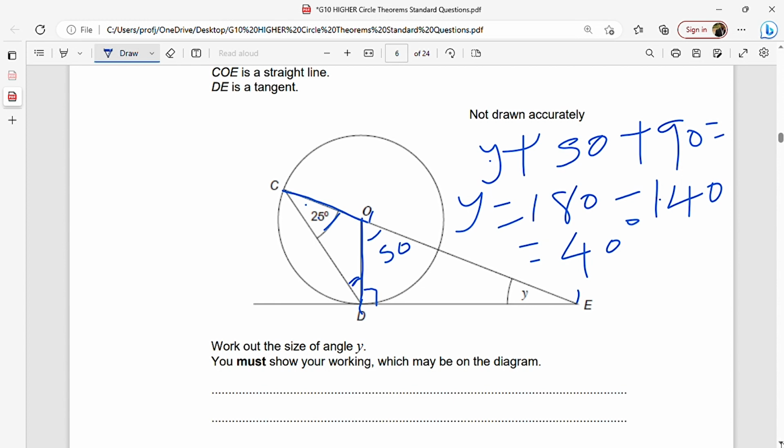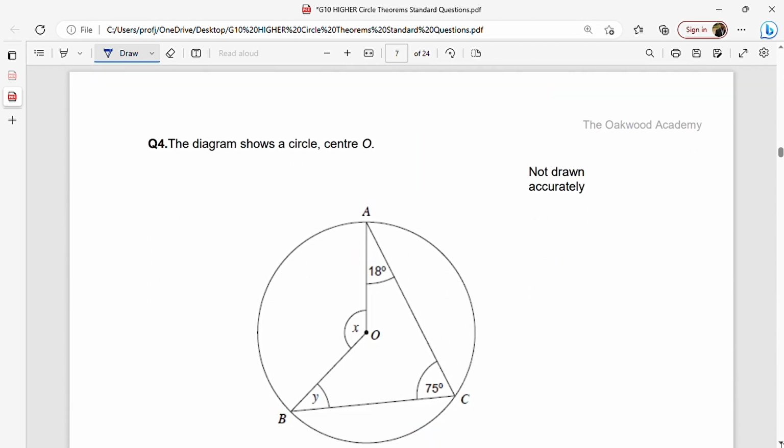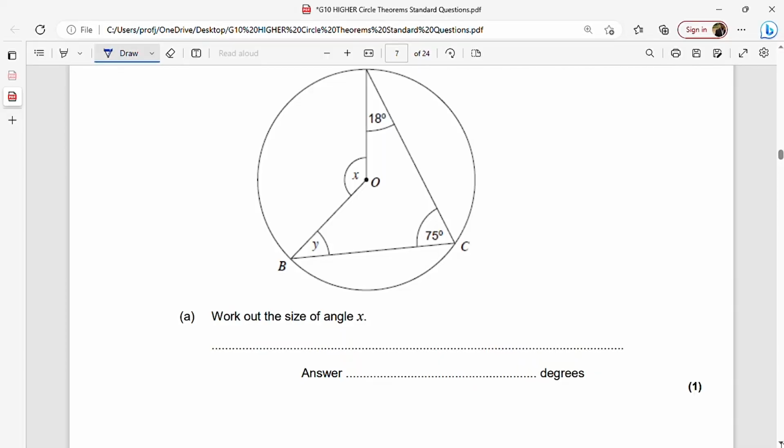I proceed to the next question. It says the diagram shows a circle center O. Work out the size of angle X, and then angle Y too.